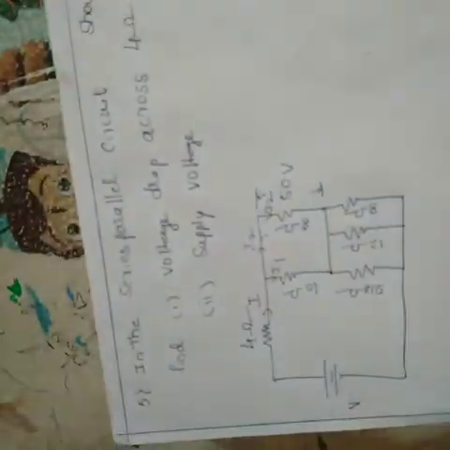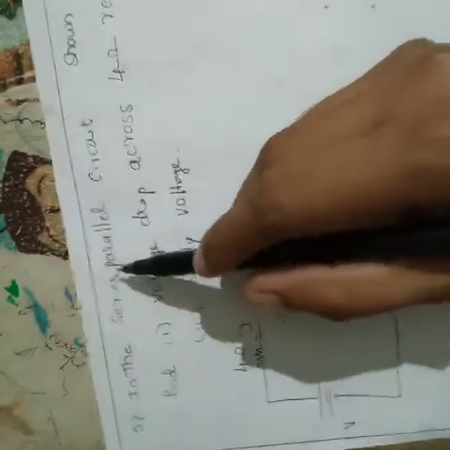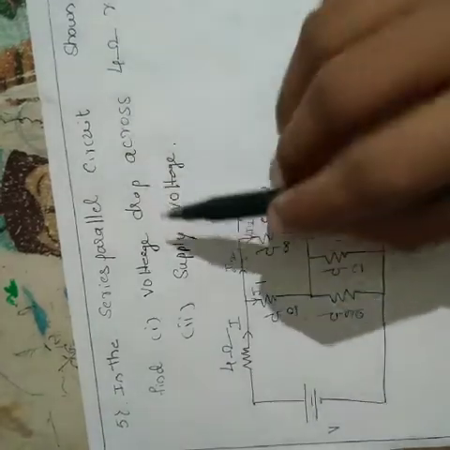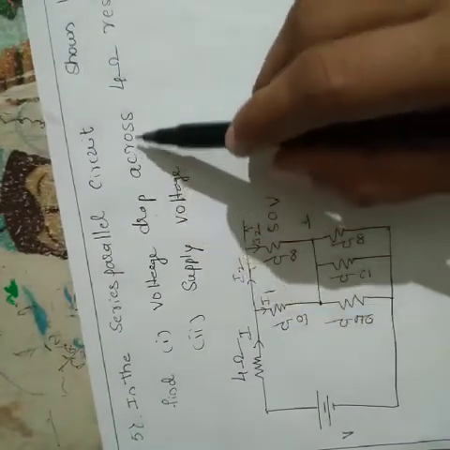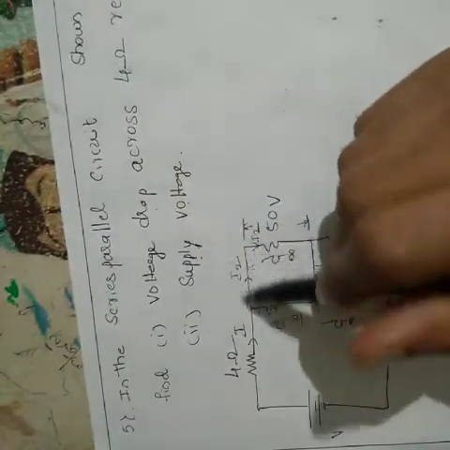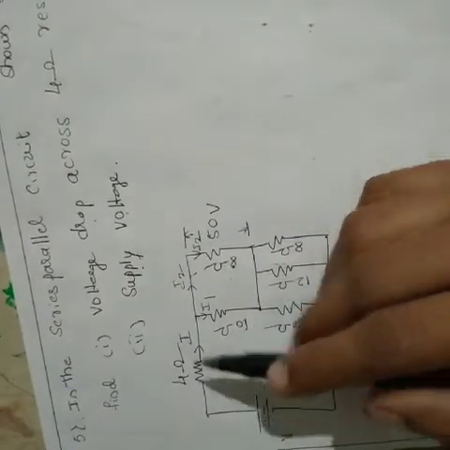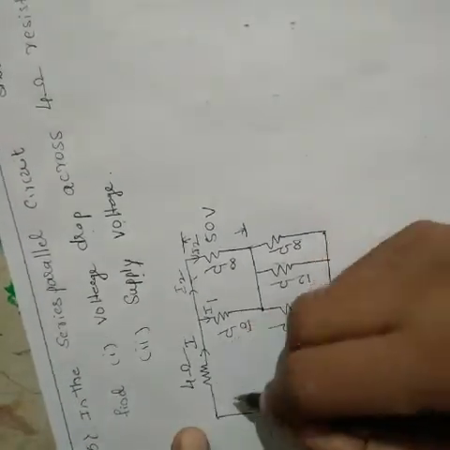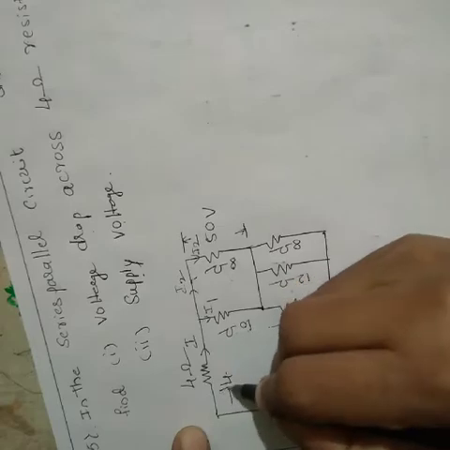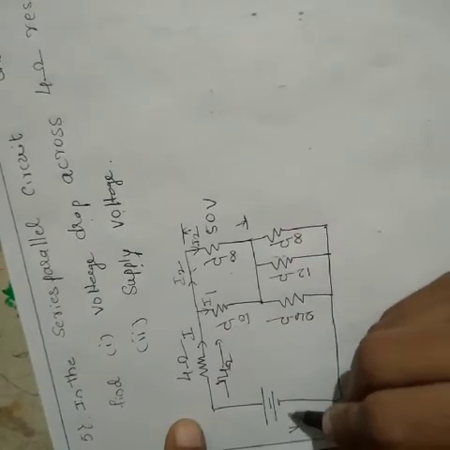Then last, in the fifth problem: in the series parallel circuit shown below, find the voltage drop across the 4 ohm resistor. Then find the supply voltage. This is a given series parallel electric circuit. Then find the voltage drop across 4 ohm. Then the supply voltage is the question mark.